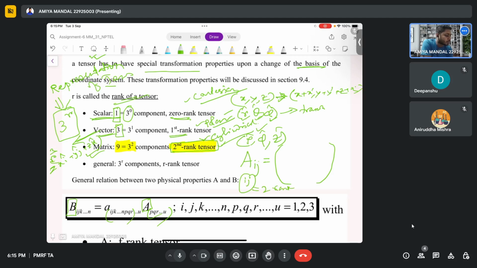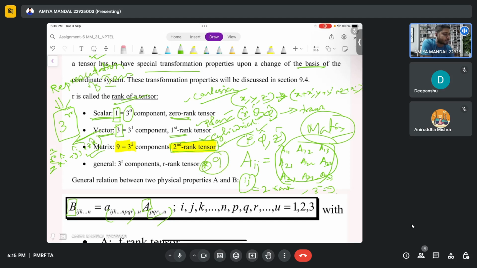So 3 to the power 2 means 9 components: A11, A12, A13, similarly A21, A22, A23, A31, A32, A33. This is a matrix with 9 components.